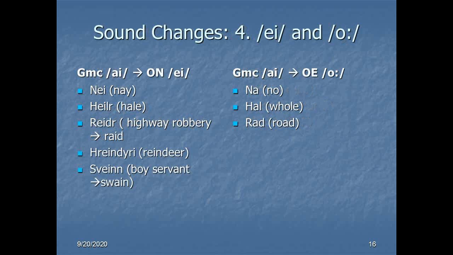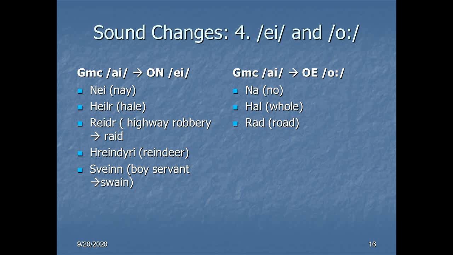Now, our next sound change is one in which both Old Norse and Old English have varied from the Proto-Germanic root, but varied in different ways. So we have on the Old Norse side, the phoneme ai becoming in Old Norse ei, whereas in Old English, the phoneme ai becomes the phoneme a.